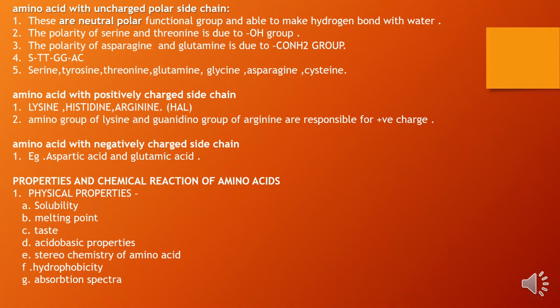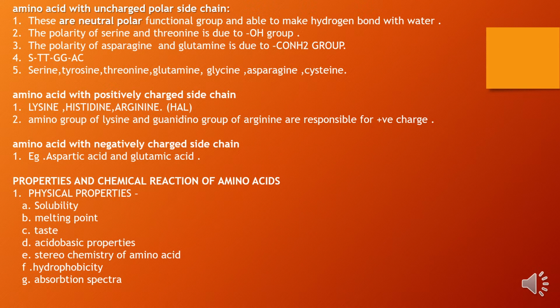So you can say the amino group of lysine and guanidine group of arginine are responsible for positive charge. Amino acid with negatively charged side chain, there are only examples, no need to go deep. Aspartic acid and glutamic acid.